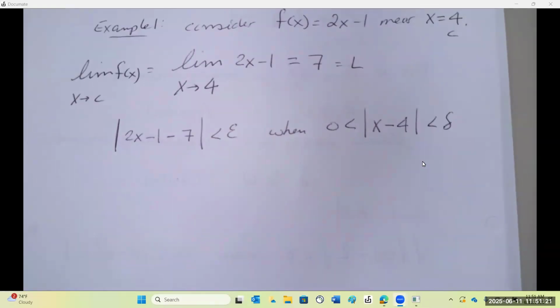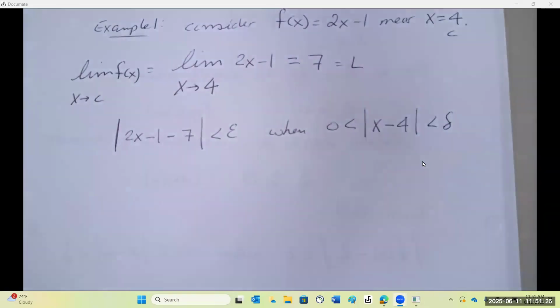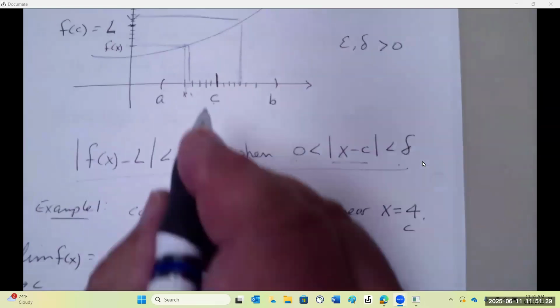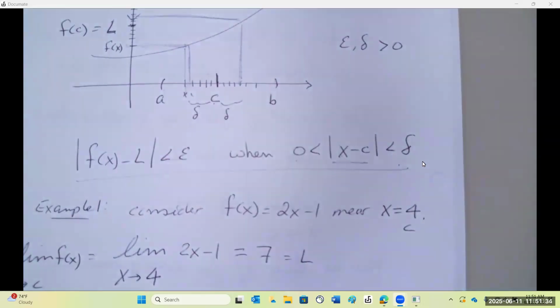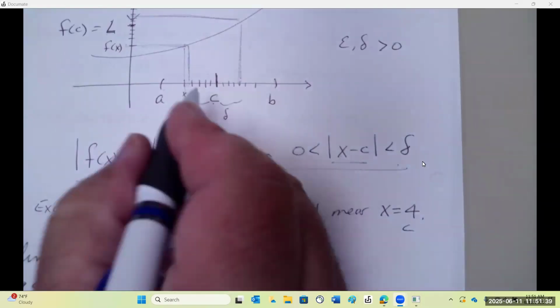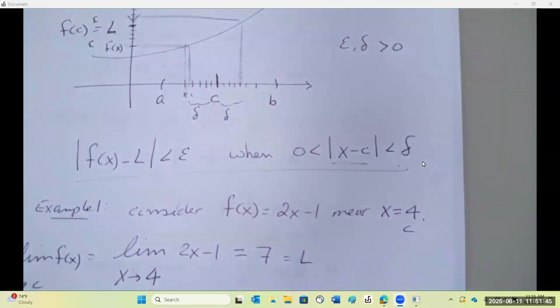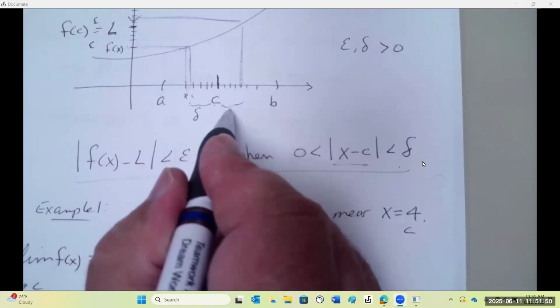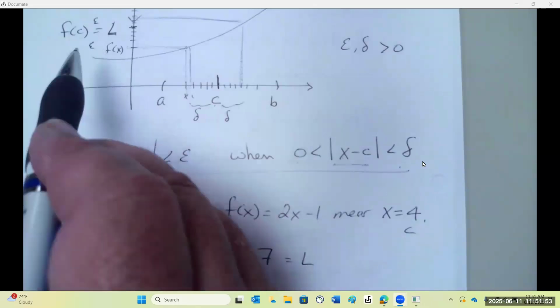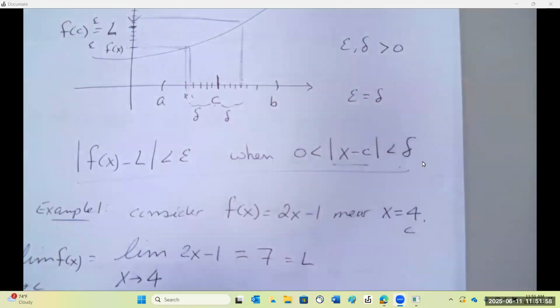So what we're looking at here, where do epsilon and delta live? What part of this graph do they exist? Well, the delta is this part. The delta represents how far we are from our c value. That corresponds to our epsilon on the y-axis. So the smaller delta becomes, what happens to epsilon? The smaller it becomes. So what we're looking for is a correlation between epsilon and delta.